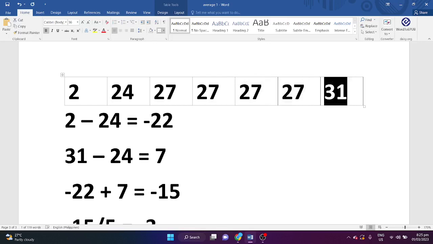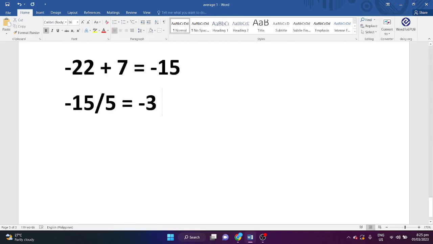So we have 5 numbers at the middle, which are all 27, and let us check if we still get the average of 24, or the summation of x, which is 168.